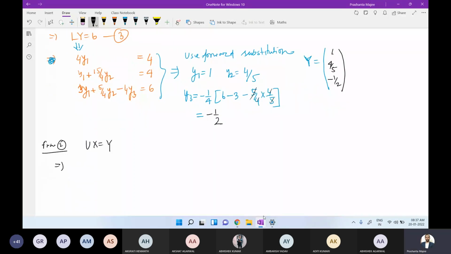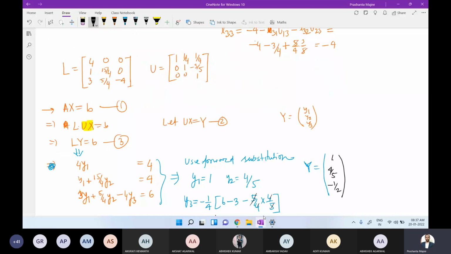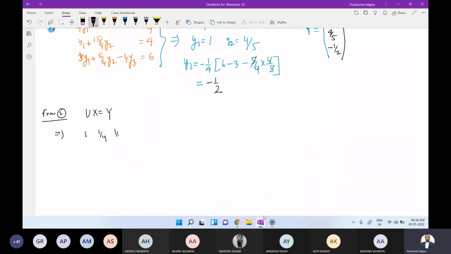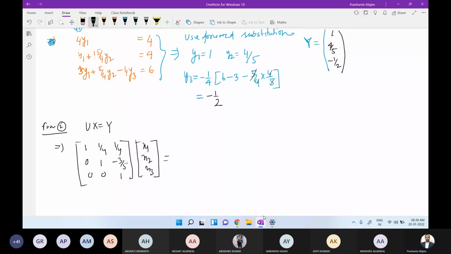U is 1, 1 by 4, 1 by 4; 0, 1, minus 3 by 5; 0, 0, 1, into x. X is x1, x2, x3. And what is capital Y? It is 1, 4 by 5, minus half.